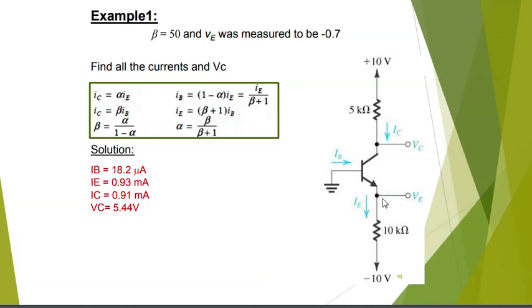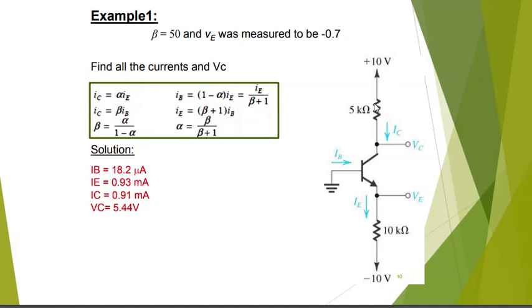Okay. But imagine there was a case where this IE was so big that, for example, here instead of 10K, if you had 1K, then with this minus 0.7 and minus 10, the voltage difference was 9.3. So instead of 0.93 milliamps, you would have had 9.3 milliamps.